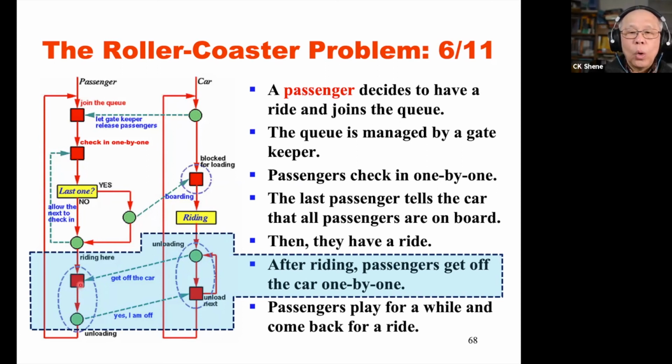So when the car finished a cycle, the car stops. So we see we have a notification here telling a passenger sitting in the car, please get off. And this passenger, after getting off, tells the car that I am gone, bye-bye. And the car signals the next one.